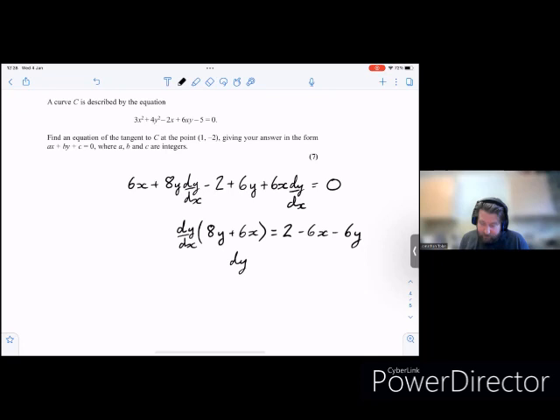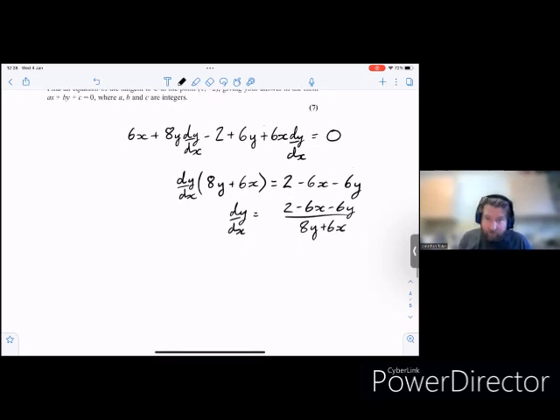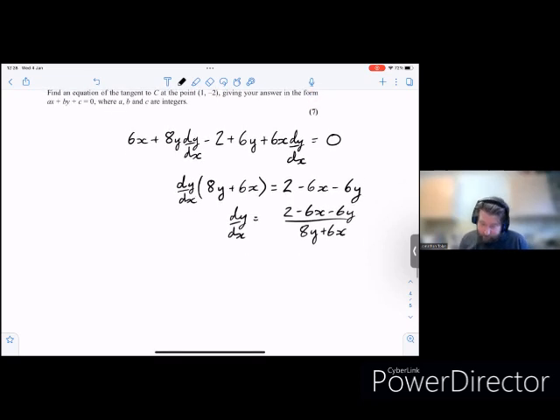So dy by dx equals (2 minus 6x minus 6y) all over (8y plus 6x). We can divide top and bottom by 2. So that gives us (1 minus 3x minus 3y) all over (4y plus 3x).